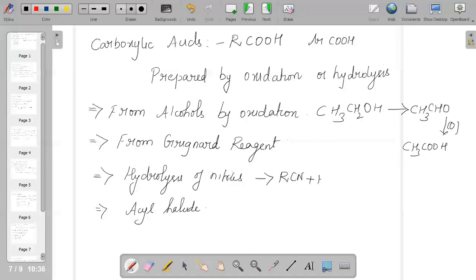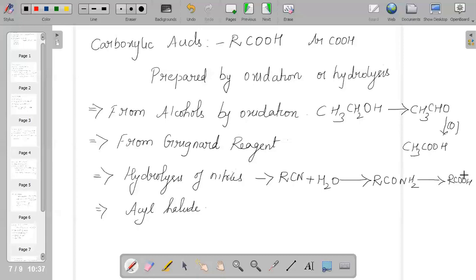If it undergoes hydrolysis, it will give an amide group, RCONH2, and on further hydrolysis it will give the carboxylic acid.